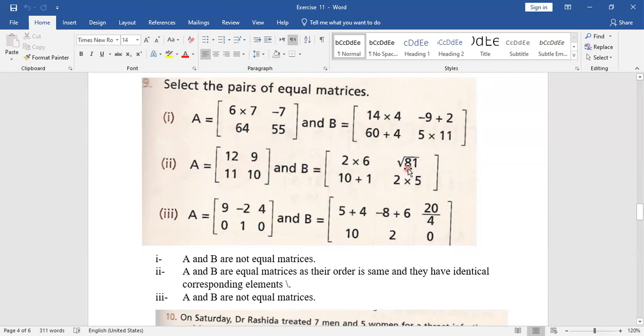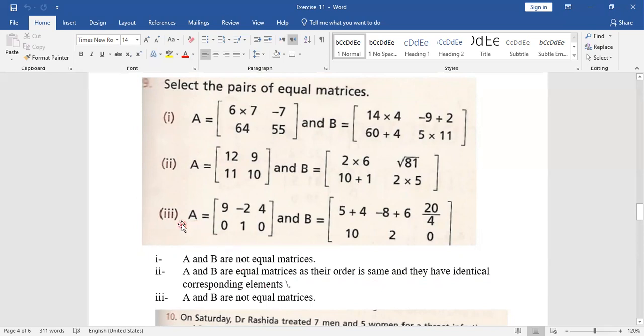If we get the under root 81, we get 9. So 9 is the same. 11 in A, 11 in B. 10 plus 1 is 11. 10 is in A and 2 multiplied by 5 is 10. 10 is also present in B. So A and B are equal matrices as their order is the same and they have identical corresponding elements.